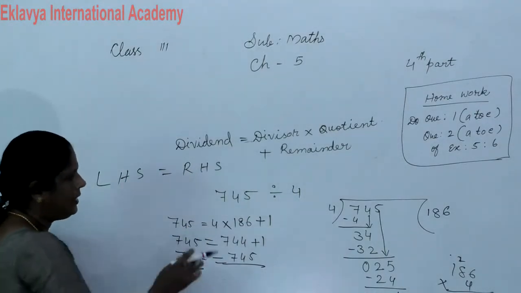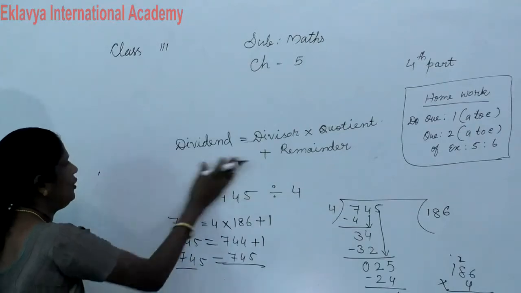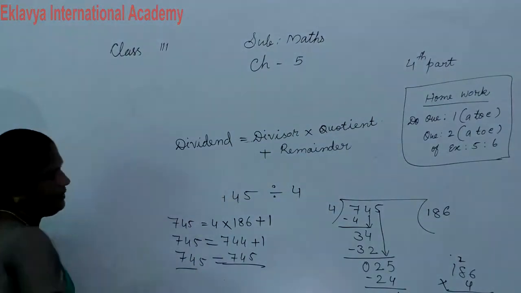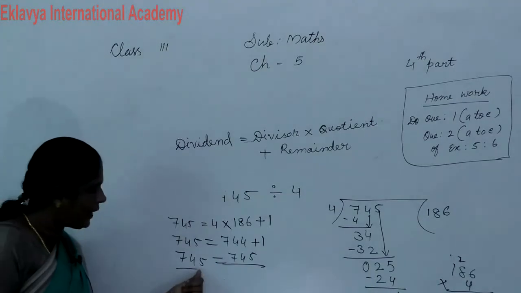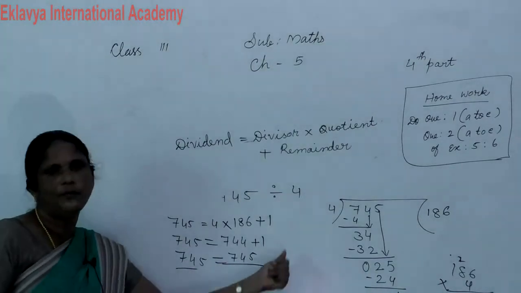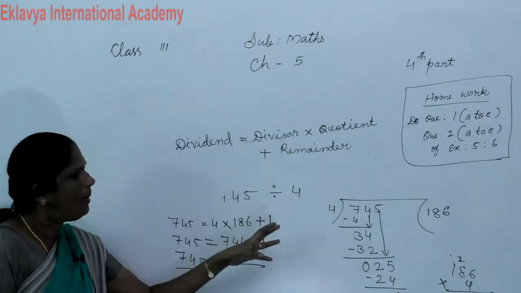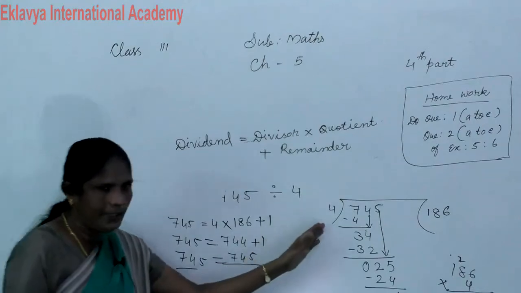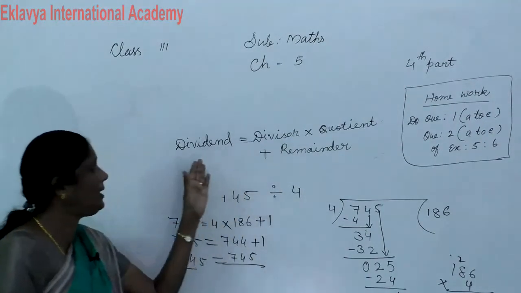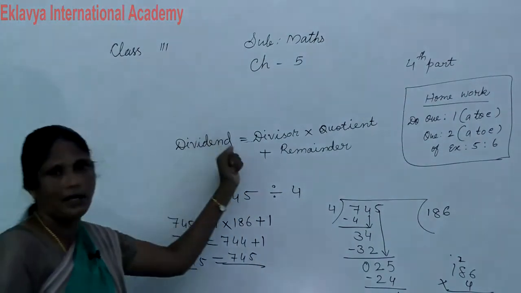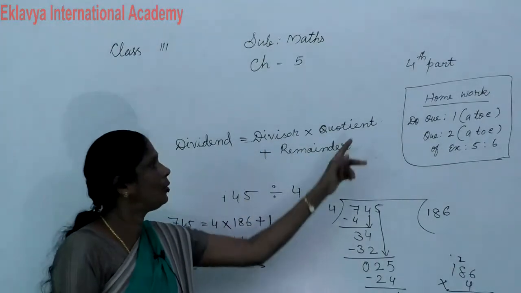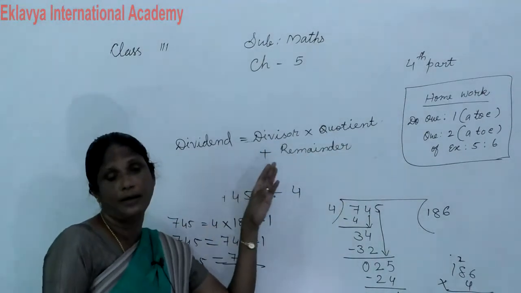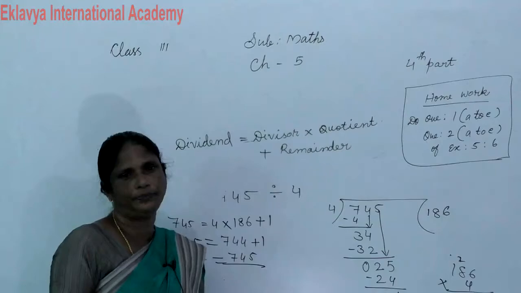Understand? This is check. You don't be afraid of this. 745 is equal to 745. First you divide. Then the formula is dividend is equal to divisor multiply quotient plus remainder.